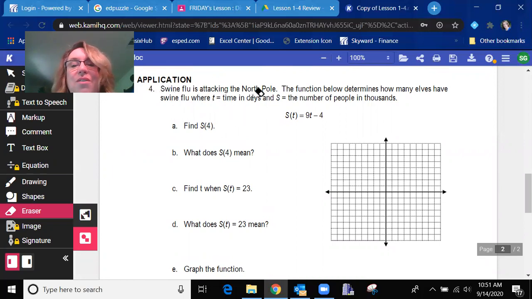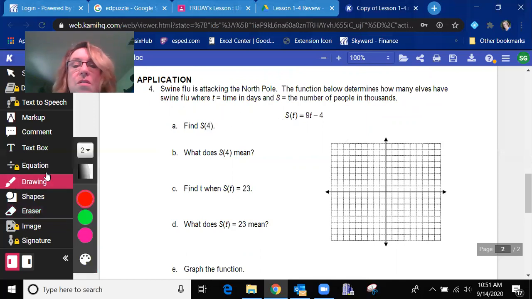Swine flu is attacking the North Pole. The function below determines how many elves have the swine flu, where T equals time in days, and S is the number of people in thousands. So then we have this function, S of T equals 9T minus 4.